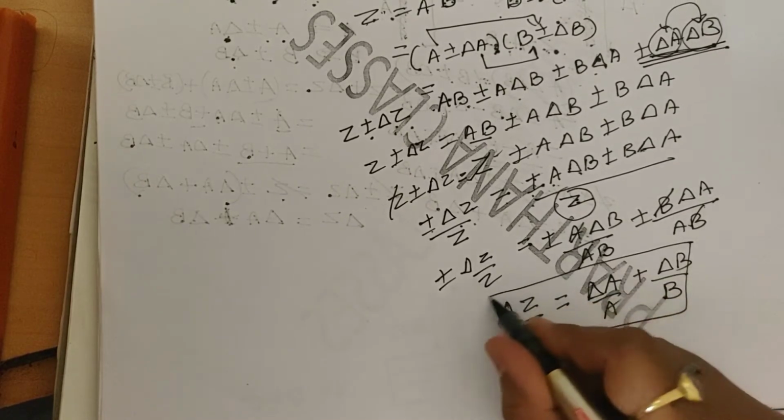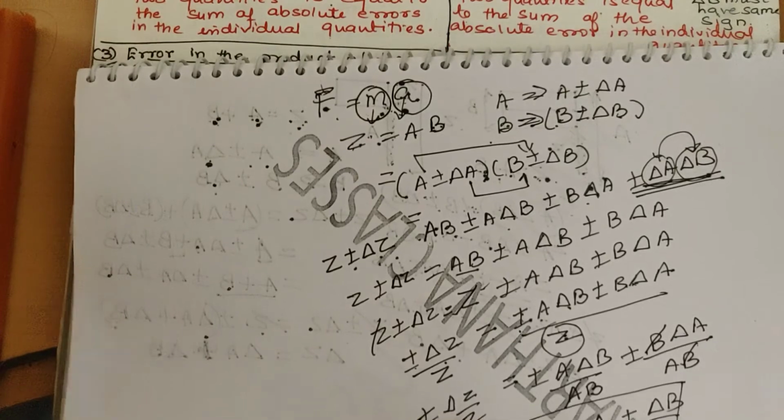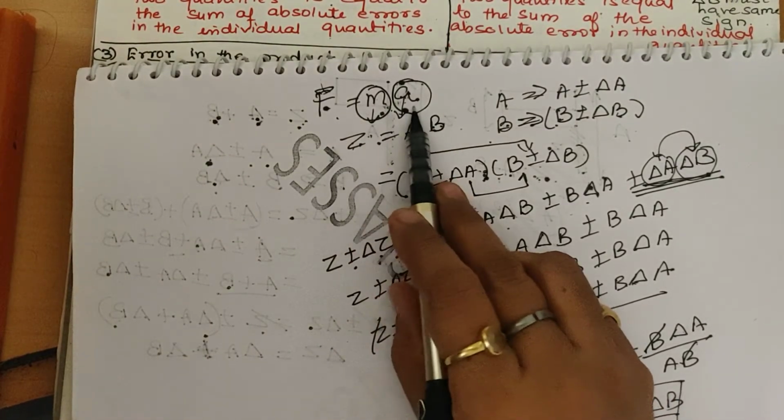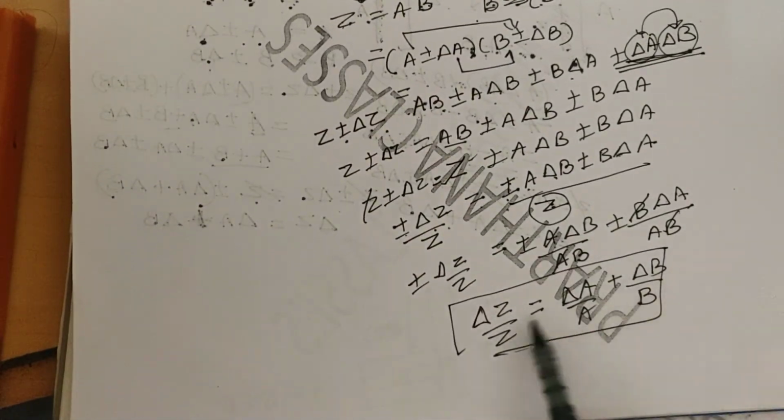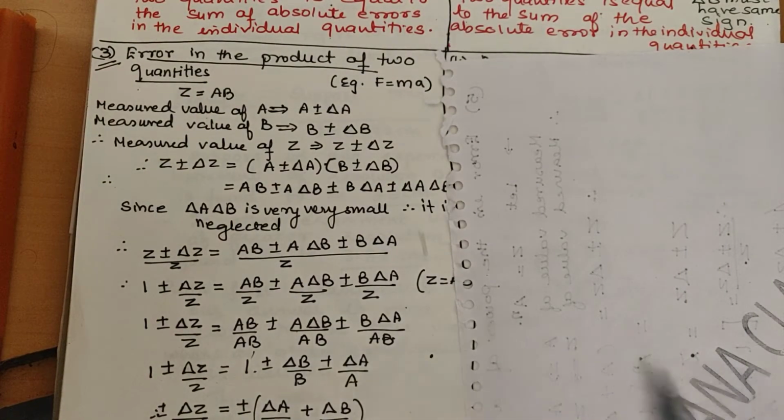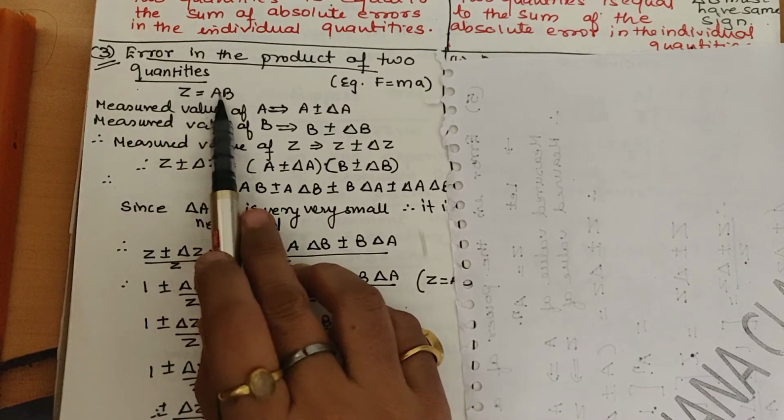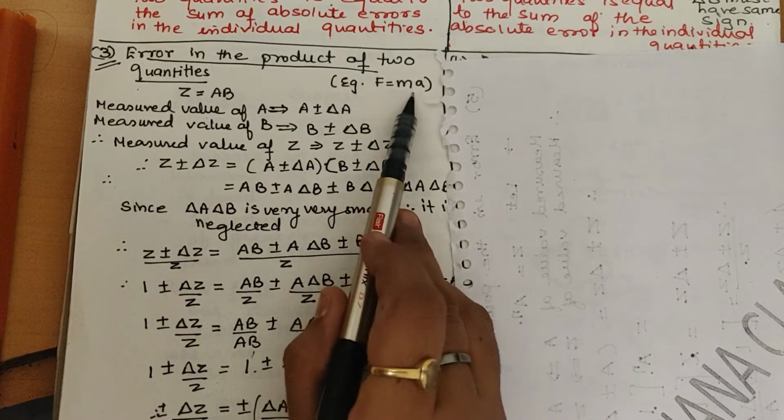So whenever you deal with the product of two physical quantities like these, we find the error as a fractional error, that is delta Z upon Z is equal to delta A upon A plus delta B upon B. Now you can see here Z is equal to AB, as for example Z is equal to MA.